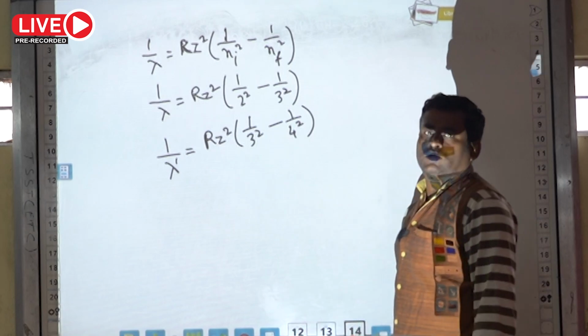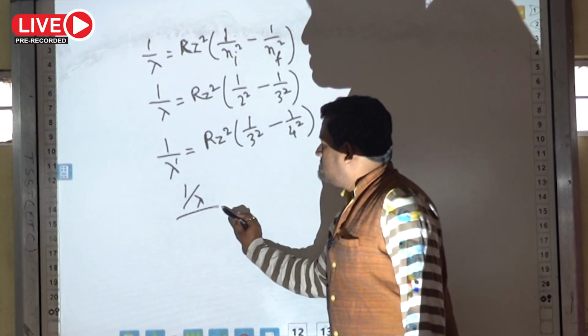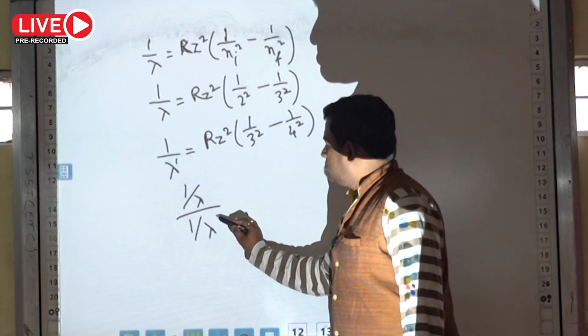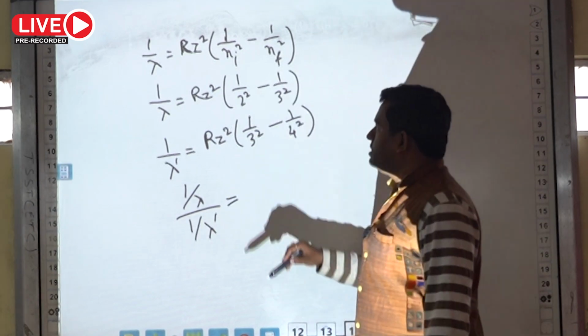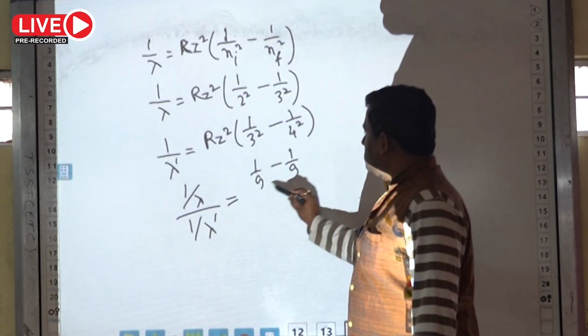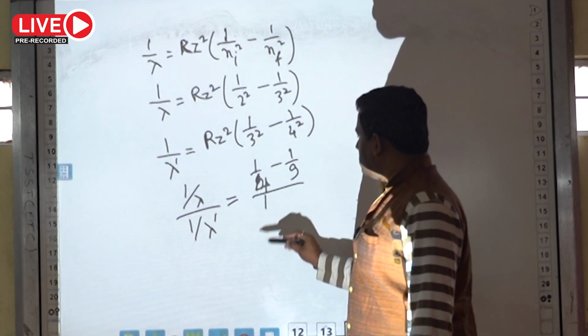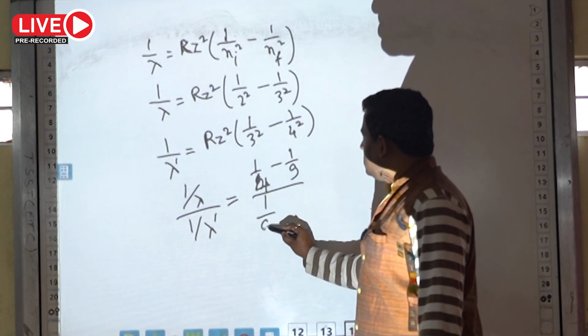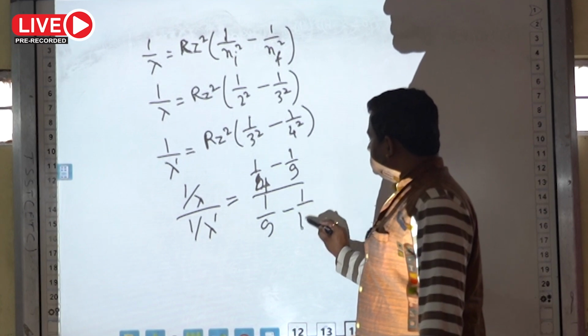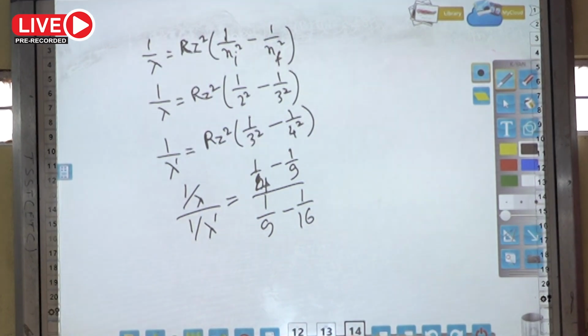Okay, then take the ratio. So 1 by lambda divided by 1 by lambda prime, R z square will cancel, it will be 1 by 4 minus 1 by 9, divided by 1 by 9 minus 1 by 16. Now calculate lambda prime.